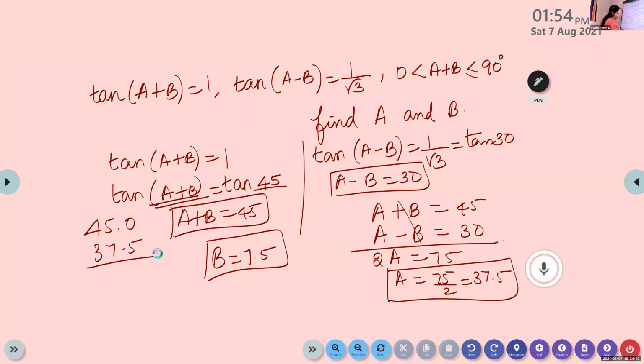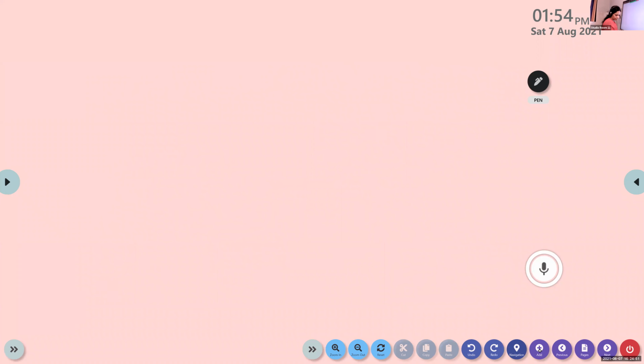Next one is again a very important question. In triangle PQR, right angled at Q, PQ is 3 centimeter.